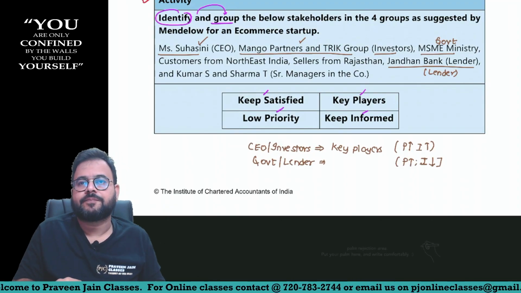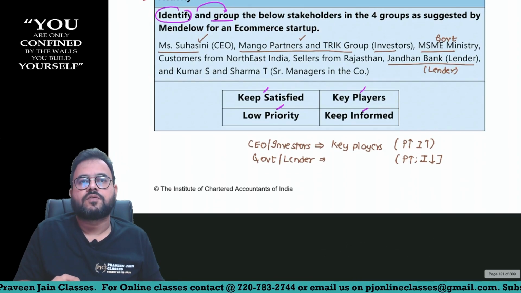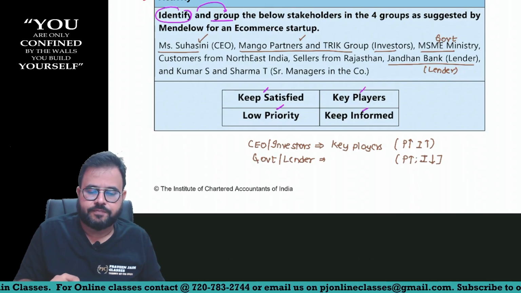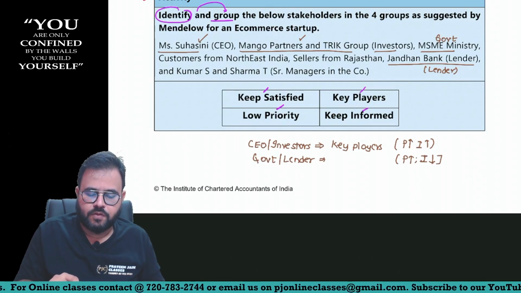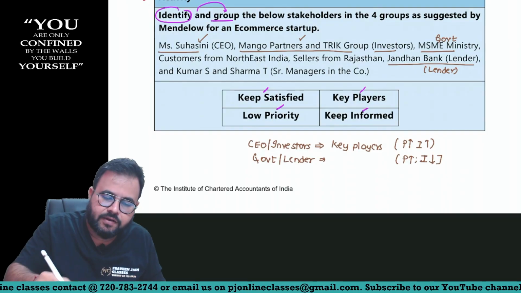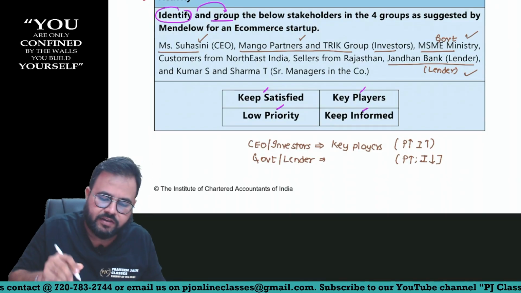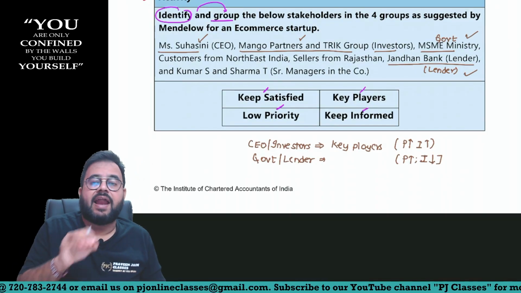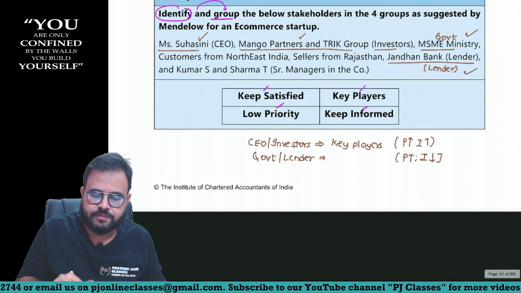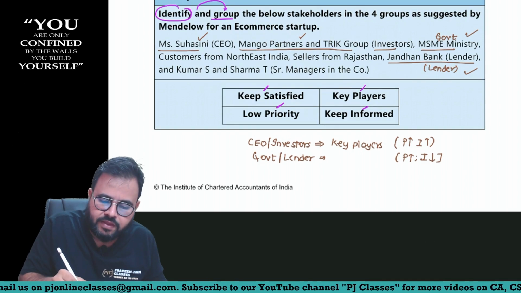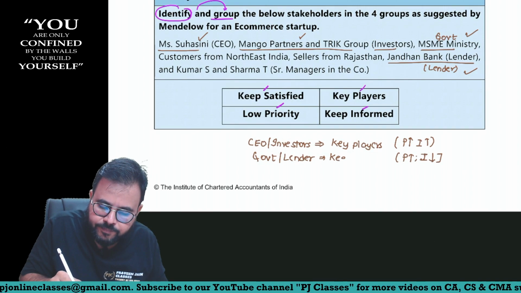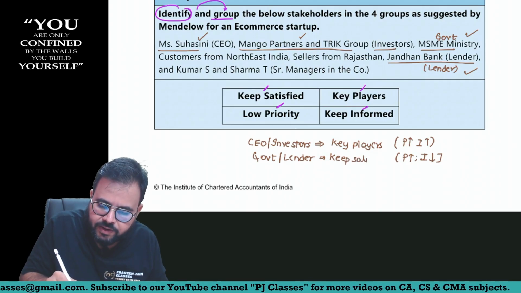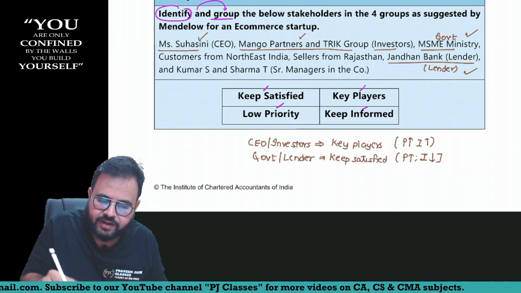Do you agree? What they want is money, sir. So government is over, lender is also over. Which category will government and lender come under, sir? Raja, keep satisfied. They will come under the keep satisfied category.